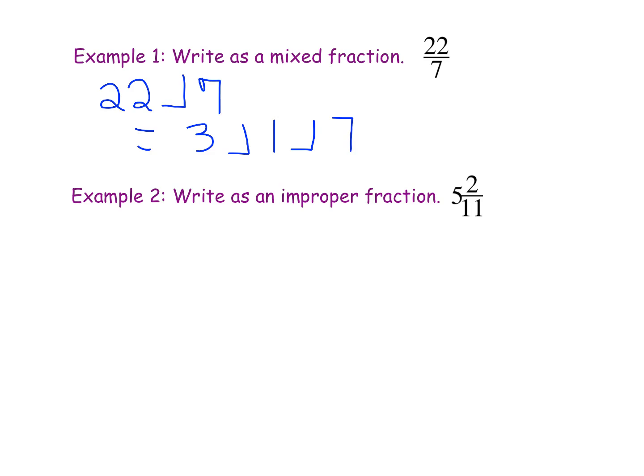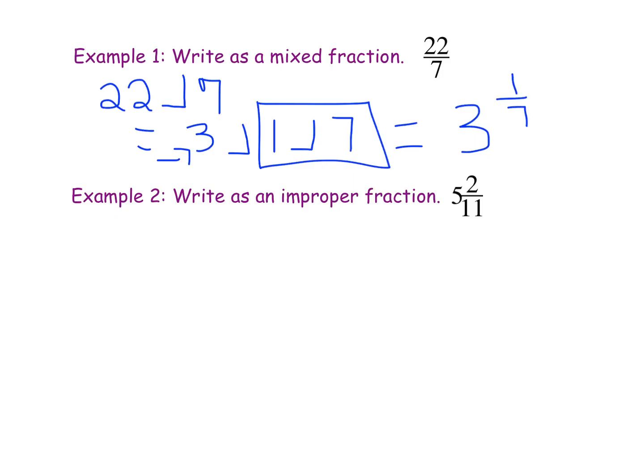And that looks really strange, but now that we've looked at the calculator and how it talks about fractions, we know that that means that we have a whole number of 3 and a fraction of 1 over 7.